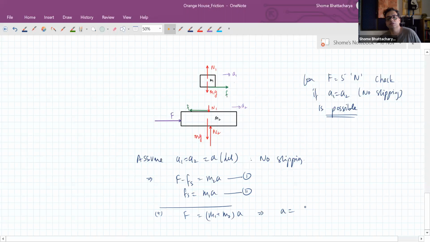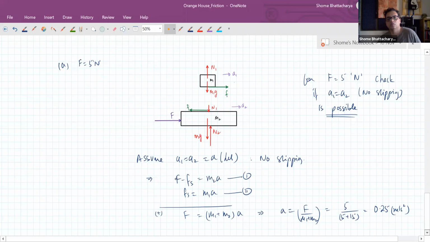So this acceleration will become F divided by M1 plus M2. So remember, we are in the first situation where F is 5 newtons. So it will become 5 divided by 5 plus 15, or 5 by 20, or 0.25 meters per second square.